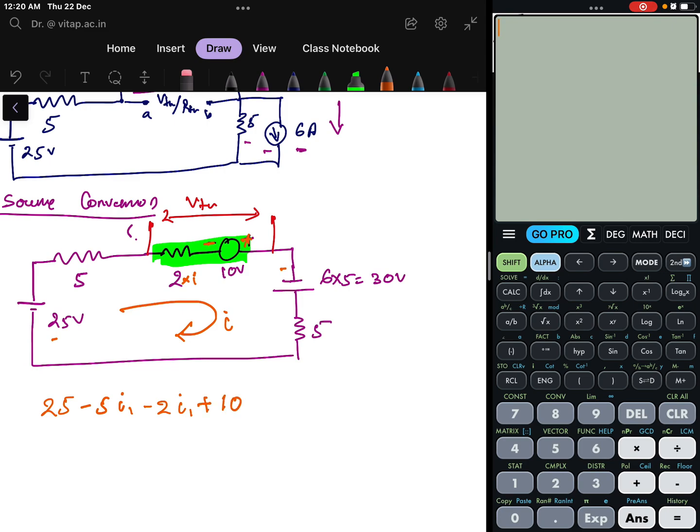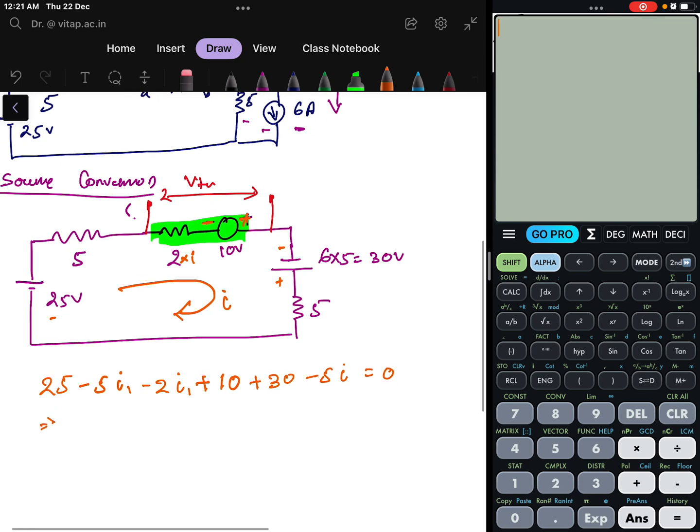Again, negative terminal here, positive here, so this will be taken as plus 30, minus 5I, is equal to 0. If I solve this, 5 plus 2 plus 5 gives minus 12I, plus 25 plus 10 is 35, plus 30 is 65, is equal to 0.